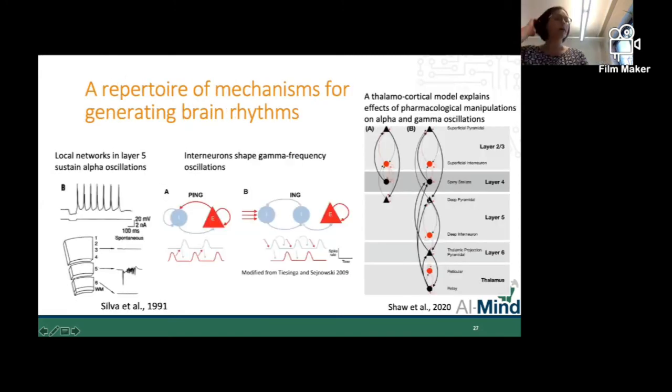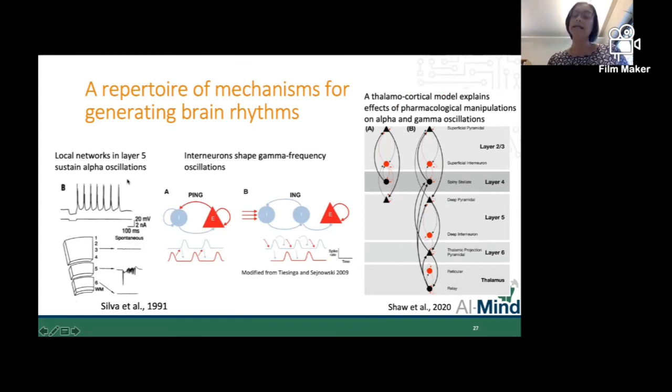Okay, so we have talked a bit about the oscillations, but how do they come about? Well, there are many different mechanisms that could cause these types of oscillations. So oscillatory activity is an inherent property of neural networks.